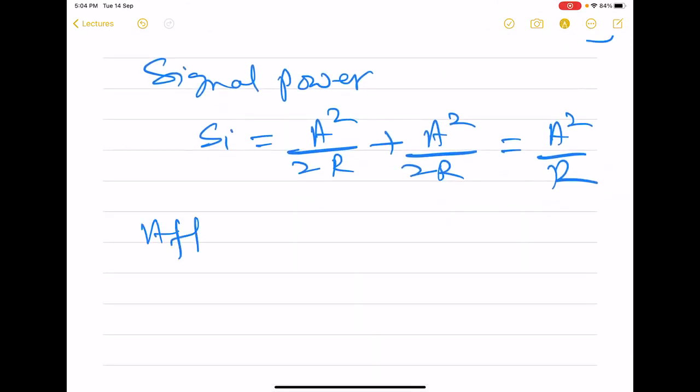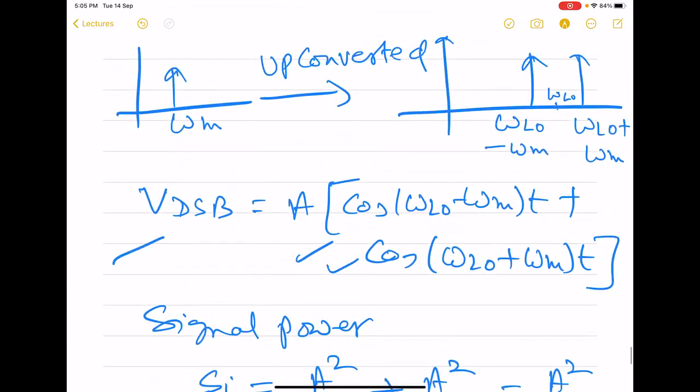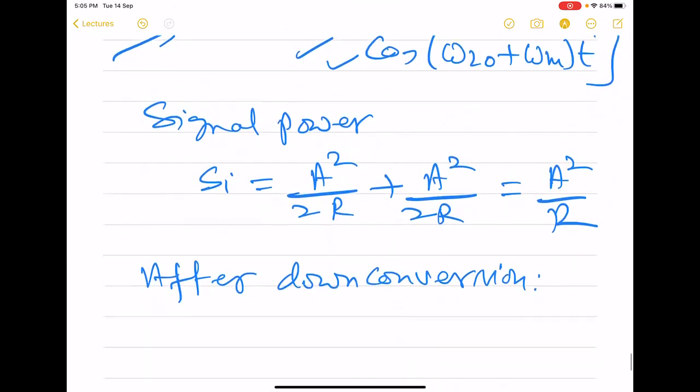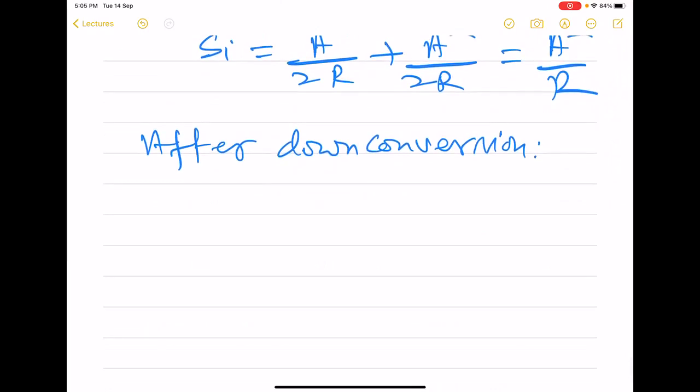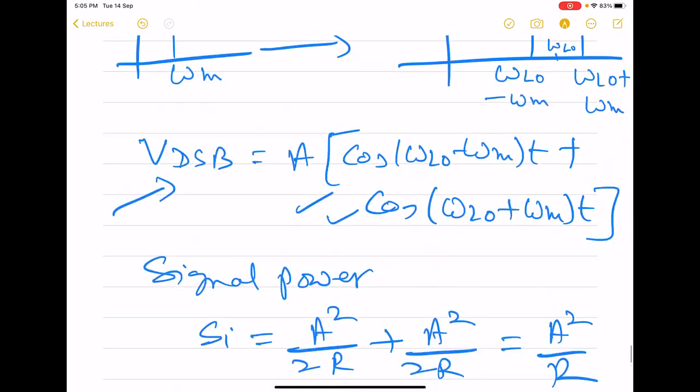Now after down conversion, that means when this signal gets multiplied by cos omega LO t, what we will get is A, and conversion gain, and each of these two parts are going to get down converted. So they are going to give rise to two terms.